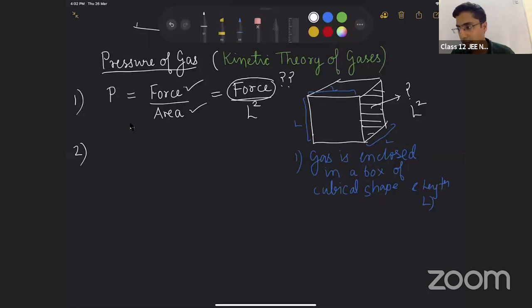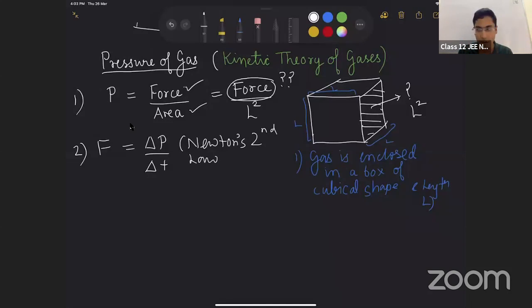Now force F, we know, is delta P by delta T, rate of change of momentum. Which law of motion is this? First, second, or third? This is Newton's second law, which defines force.